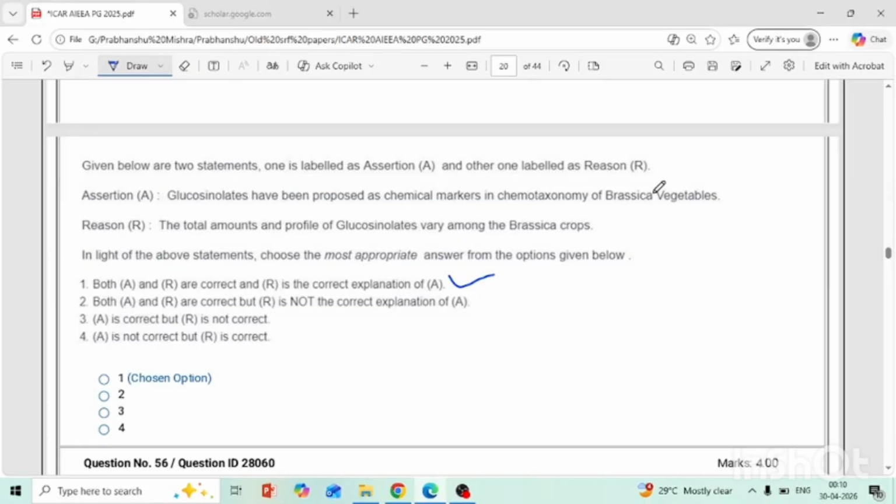Yes, if it varies, meaning the concentration differs from one genotype to another, then we can classify them according to their concentration and composition. If the same concentration and composition is present in the whole population, then there is no use as a marker or for classification or chemotaxonomy.